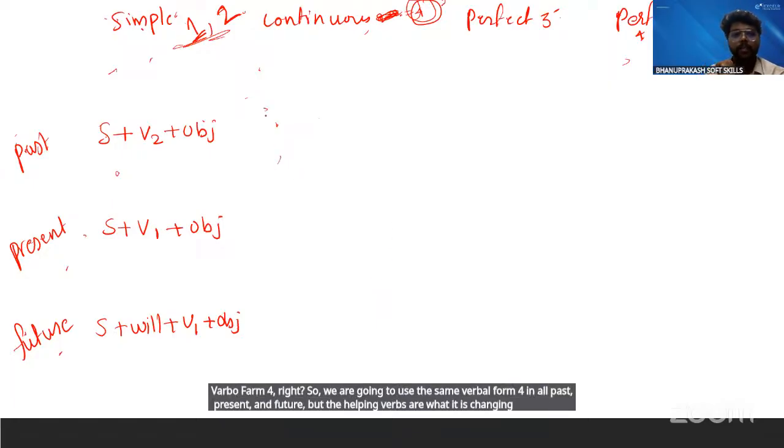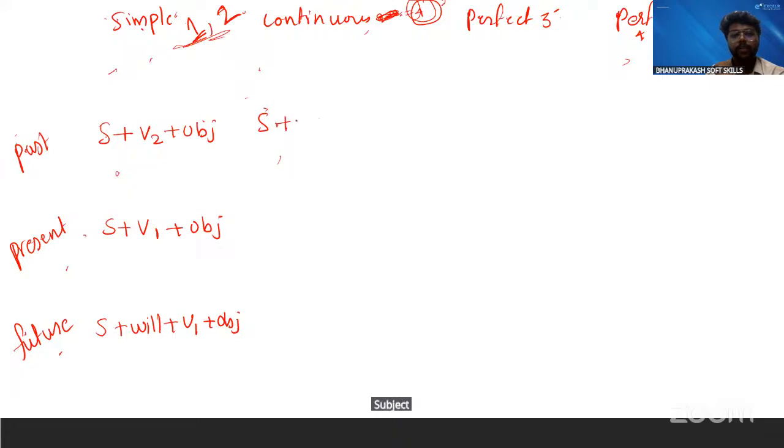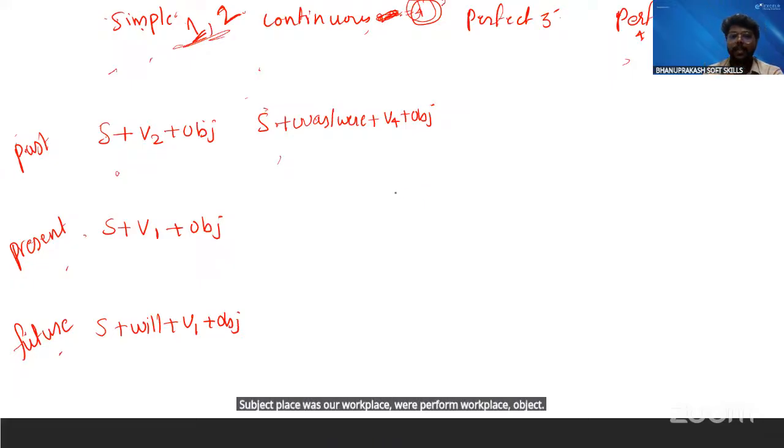So simply subject plus was or were plus verb form 4 plus object. Subject plus was or were plus verb form 4 plus object. So this is the sentence formation for past continuous.